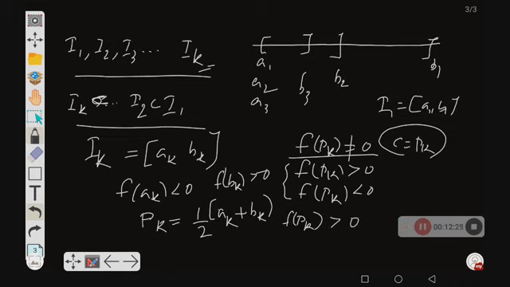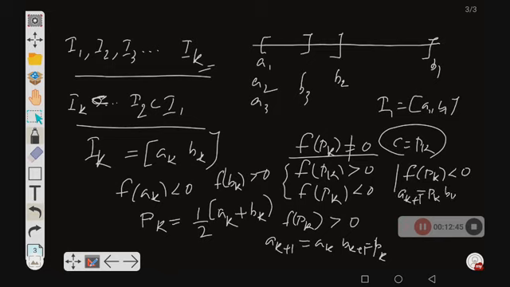So as in the previous case, if f of pk is greater than 0, we put ak plus 1 as ak and bk plus 1 as pk. Also, if f of pk is less than 0, then we put ak plus 1 as pk and bk plus 1 as bk.